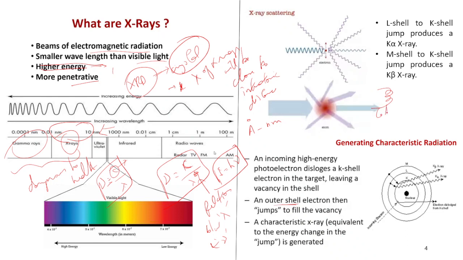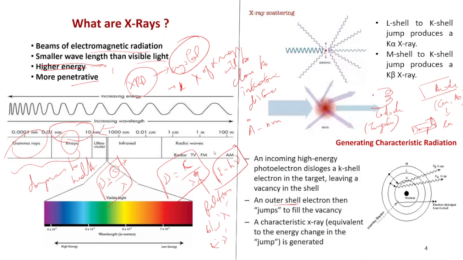Usually this is the cathode filament, and then here we will have the anode target, and then we will have the sample over here. The cathode filament, I believe, will be tungsten, and the anode target, most probably we will use copper or molybdenum or some material. In our case, let's take copper.